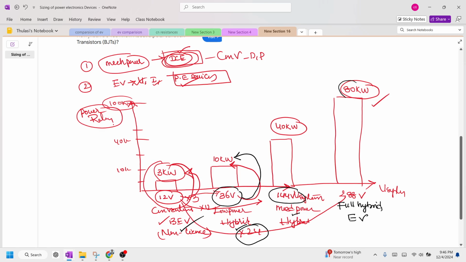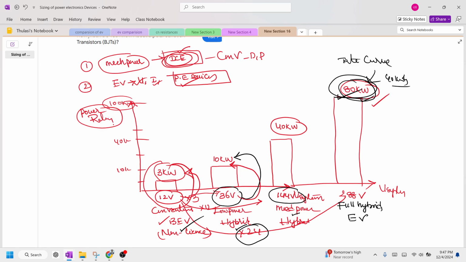This is especially used for the Tata Curve electric vehicle. The battery is of around 40 kilowatt hours, and the motor rating is of around 80 kilowatts. So this is how we decide the type of component.